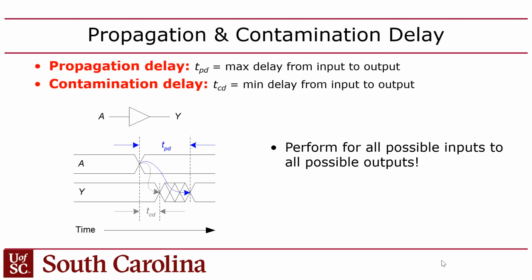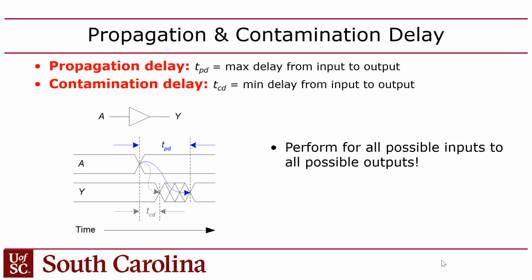But there's actually two kinds of delays you have to worry about. There's propagation delay, which is the longest amount of time it could take from the time you change the input to a gate to the time the output changes. Make sense? That's the longest delay. But there's also something called the contamination delay, which is the shortest amount of delay that you may see there.